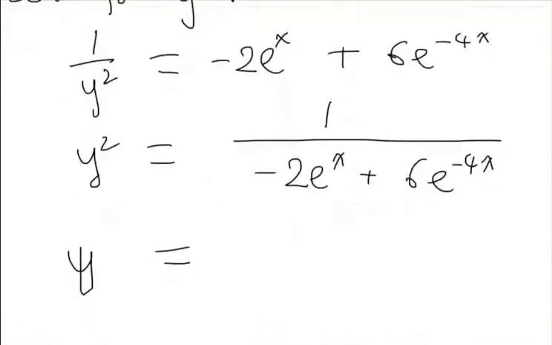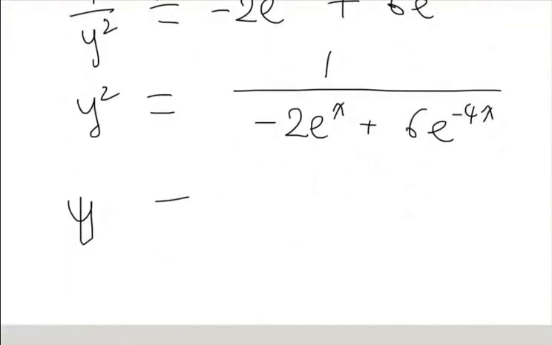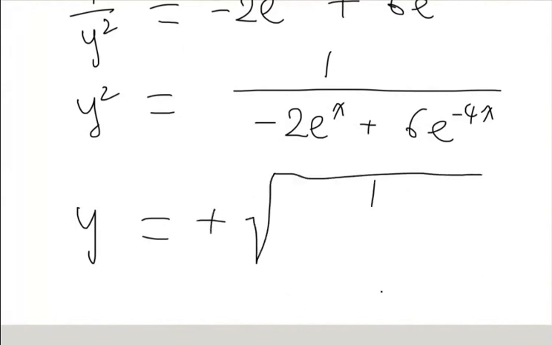Okay, y, square root. When we take the square root, don't forget to have plus or minus. So we have the square root of minus 2 e to the x plus 6 e to the minus 4x.